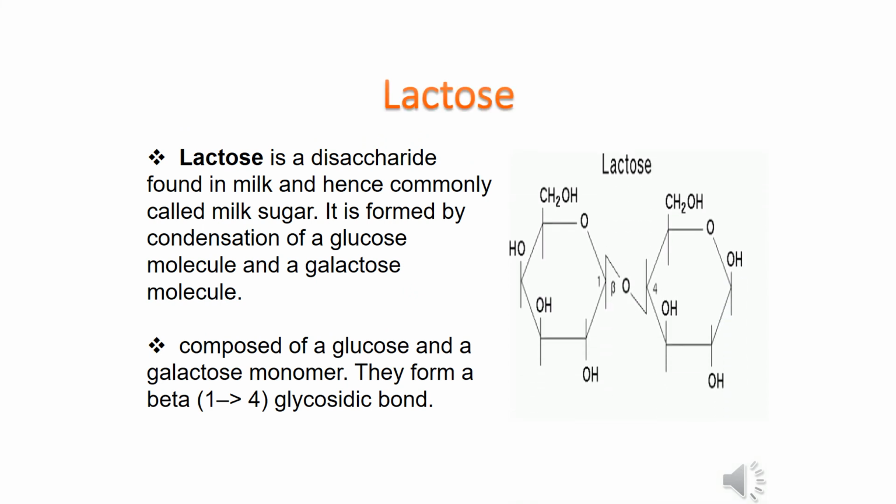So next is lactose. Lactose is formed by the fusion of glucose and galactose. Here the first monomeric unit is glucose, which is beta. So lactose is formed by the fusion of carbon 1 of glucose and carbon 4 of galactose by beta 1,4 glycosidic linkage.